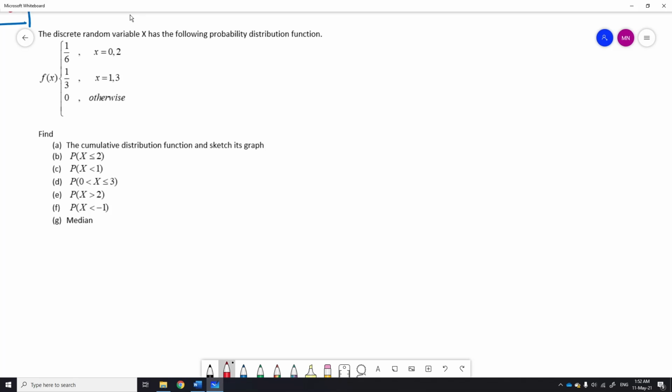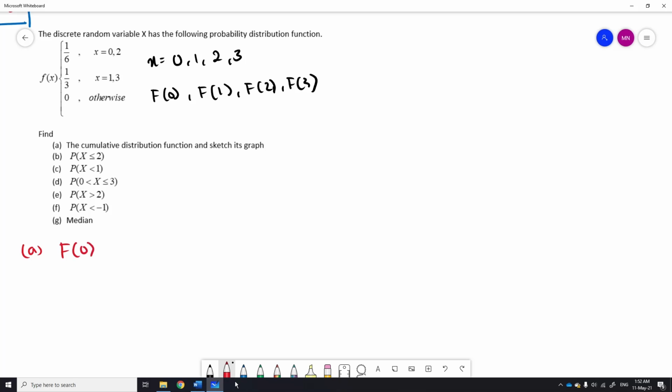Since x is equal to 0, 1, 2, and 3, we have to find F(0), F(1), F(2), and F(3). So this is for question A.